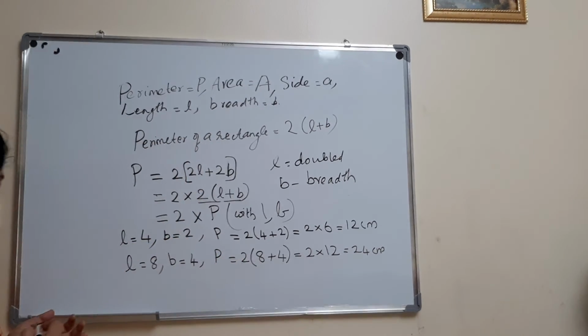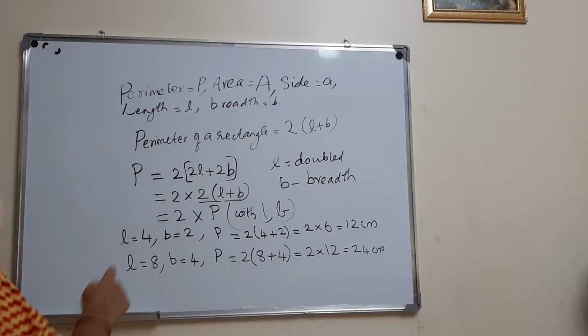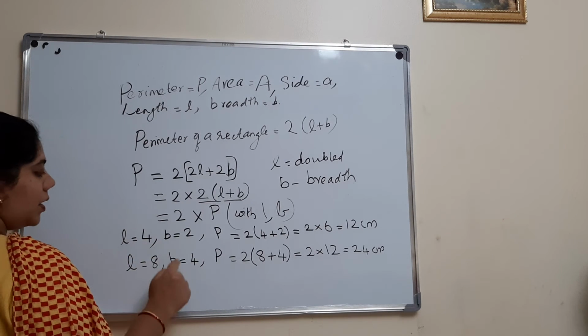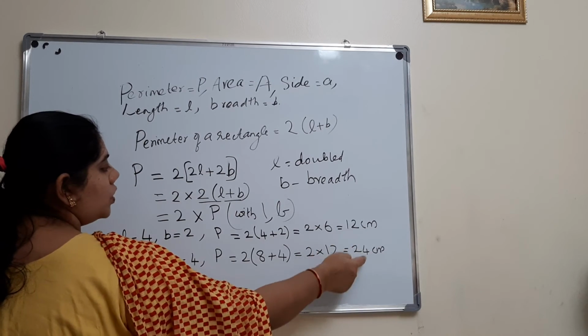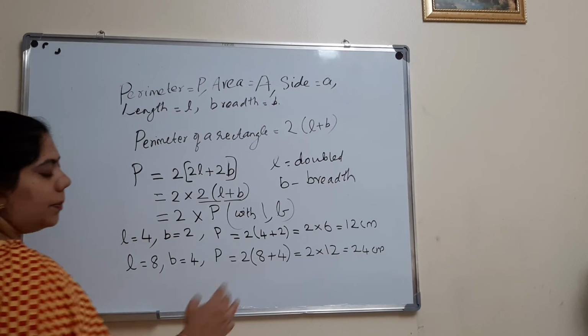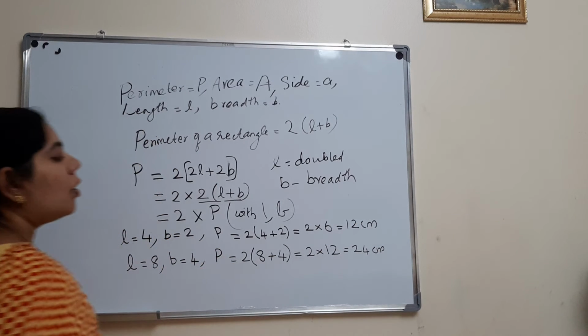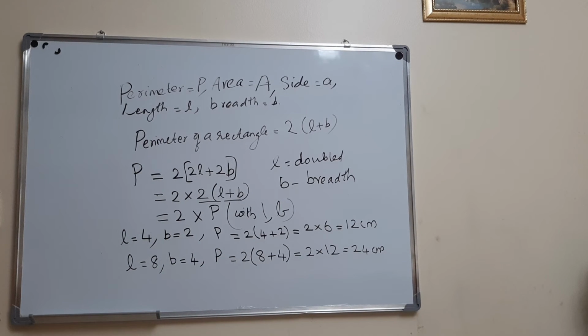See? So what happens to the perimeter when the length is doubled and breadth is doubled? The perimeter also gets doubled. See, 12 into 2 is 24, otherwise 12 plus 12 is 24. So that's what I told. We can change the length and breadth to any numbers, and the concept will be the same, right?